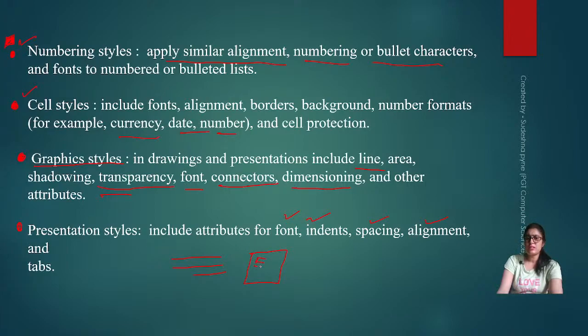This is one indent. Another thing I can do, if this is a page, suppose I am starting writing from the middle. This is middle alignment. That is one indent. Indent means all the lines will come in the same format or in the same alignment. Whenever I press enter, it will come in the same alignment. Right?